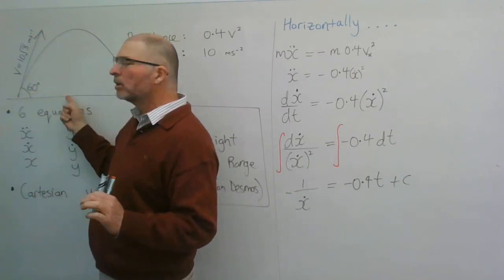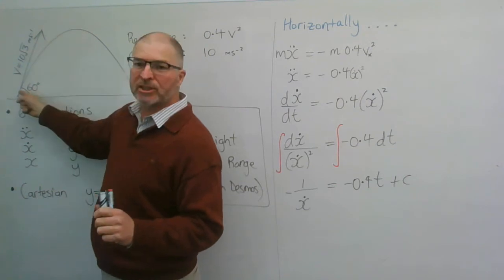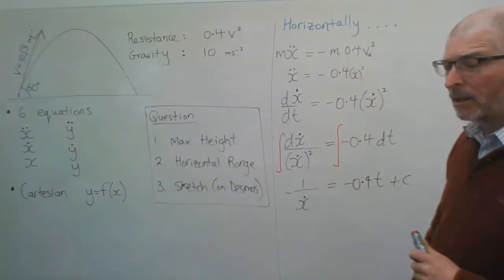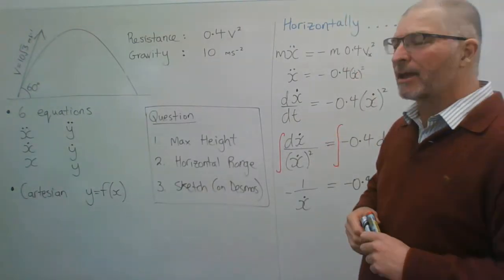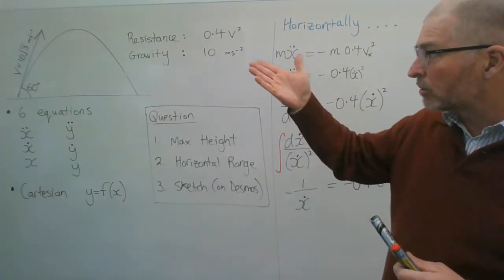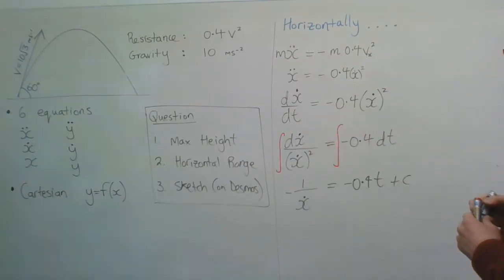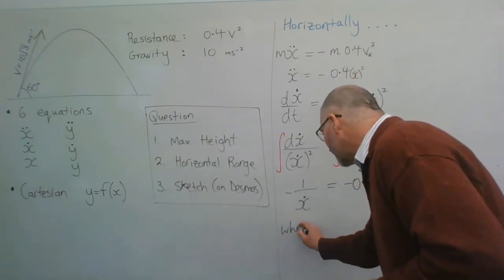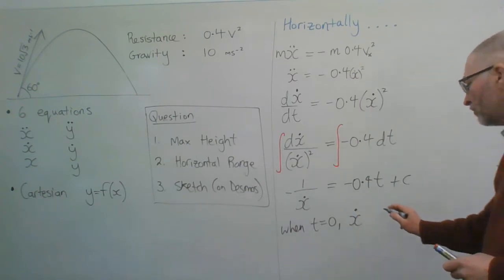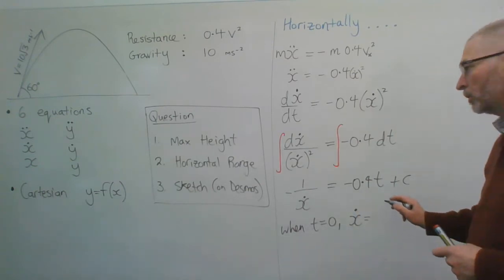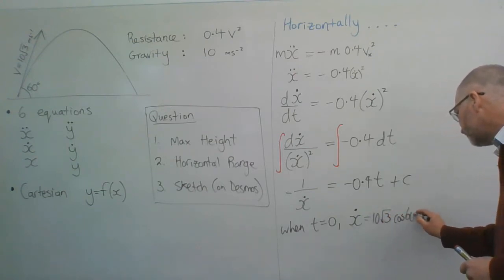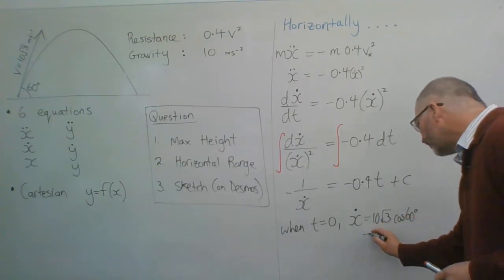It's the horizontal part of this vector here, which is 10 root 3 at an angle of 60 degrees to the horizontal. So going horizontally, it's 10 root 3 times cos 60 is the horizontal component of that original 10 root 3 vector. So I'm saying when t equals 0, the horizontal velocity is equal to 10 root 3 cos 60, which is 5 root 3.